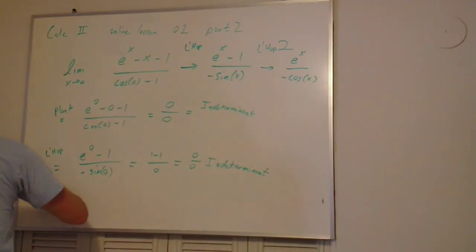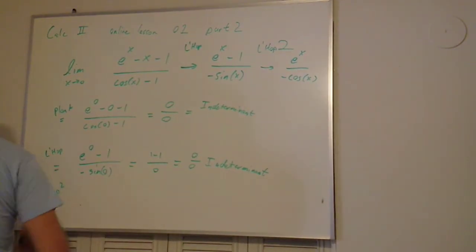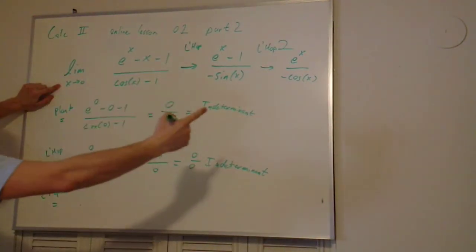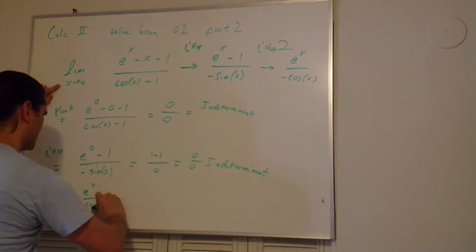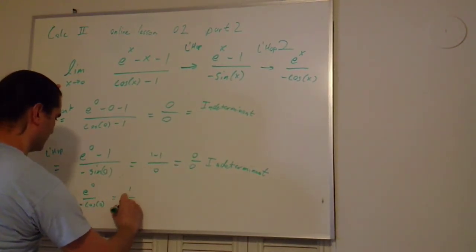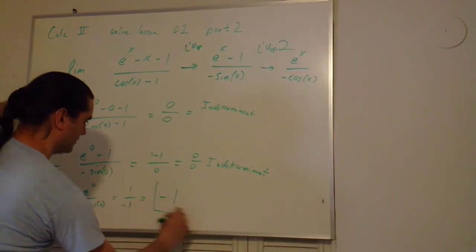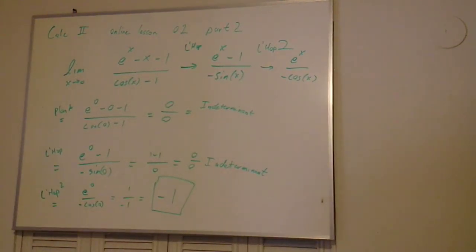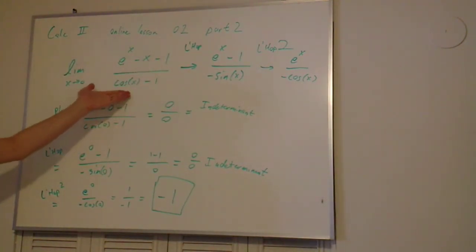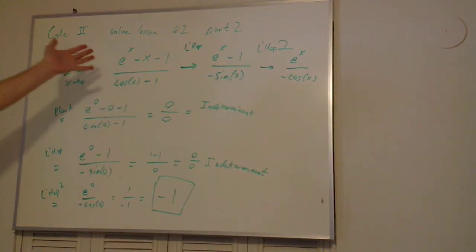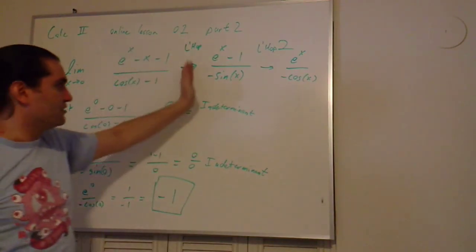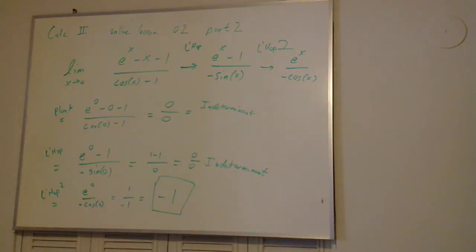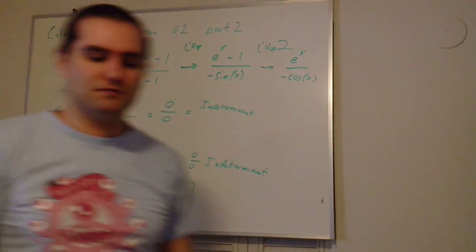And plugging our value of x into that thing is going to give us e to the 0 over negative cosine 0, which is 1 over negative 1. So the limit of this whole mess, e to the x minus 1 divided by cosine x minus 1, as x approaches 0, the limit of all of that is negative 1 after you use L'Hopital's rule twice. That's it for this video. Be sure to like and subscribe.